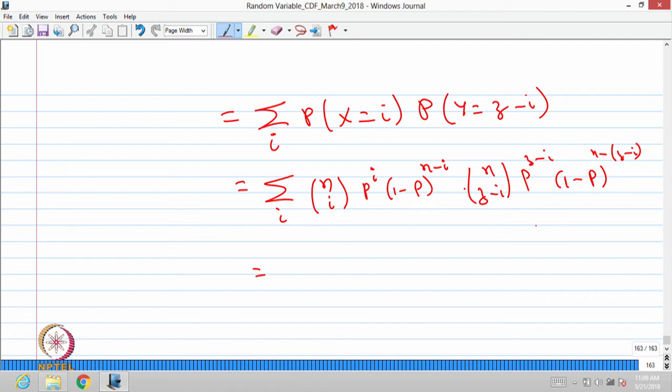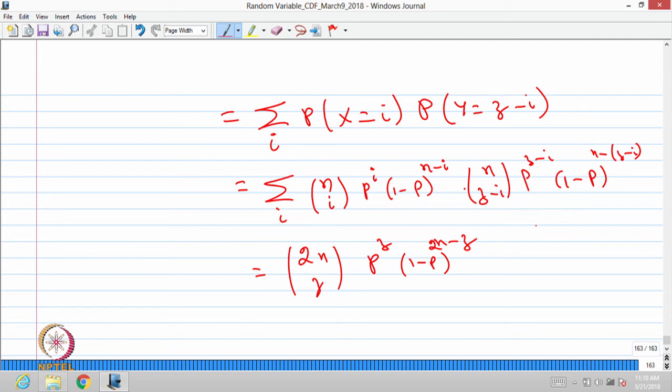So, you can do some simplification, and after simplification you can get the result, that is 2n C z, p power z, 1 minus p power n minus z. Yeah, sorry, it is 2n minus z.